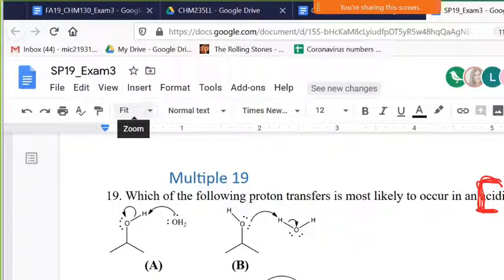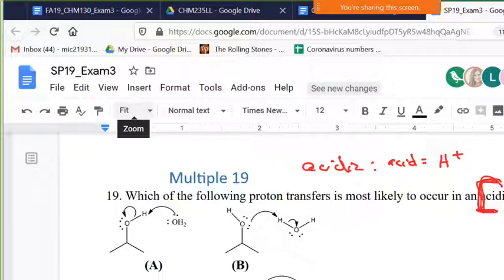So that word that's not showing up over there is acidic solution. So if we're in an acidic solution, what would we expect to see floating around? Well, we'd expect acids. And what do acids give us? Acids give us H+. So we could be looking for systems that have a bunch of H+ floating around, and that could be a good symbol.